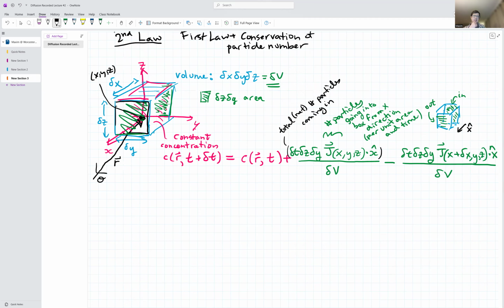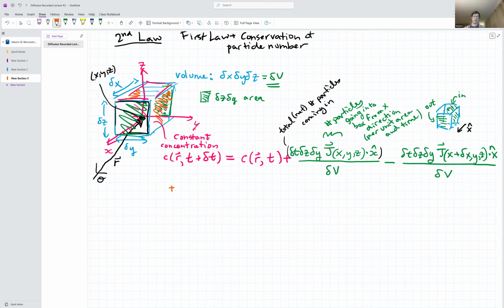Next one, we will do it in some other color, like, I don't know, orange. Let's do the y hat direction. That's these sides, the left and right sides. So there we have plus.